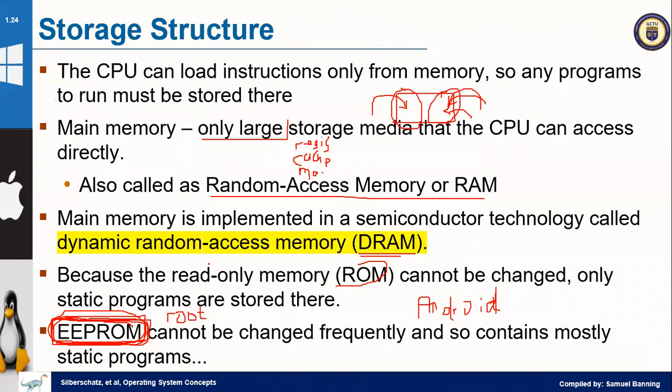Unlike the main memory that is volatile. When you turn the power off from your computer, any data on the main memory is lost.